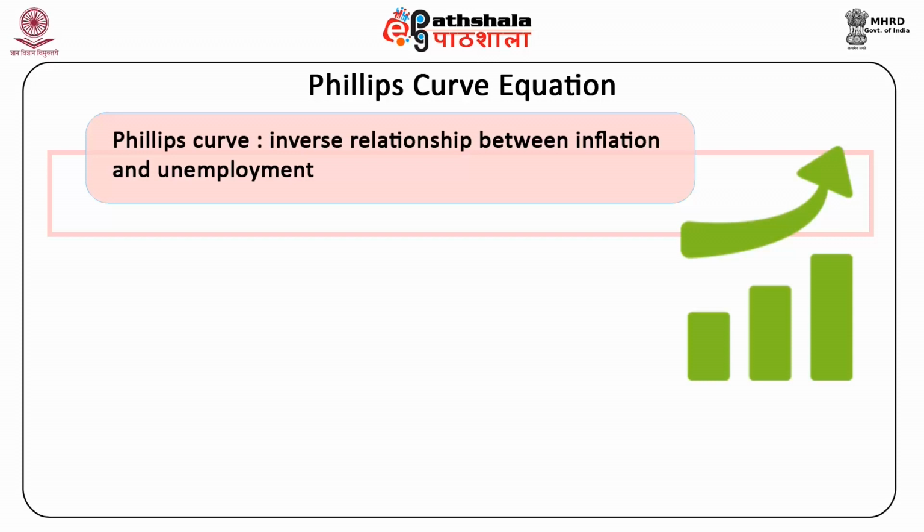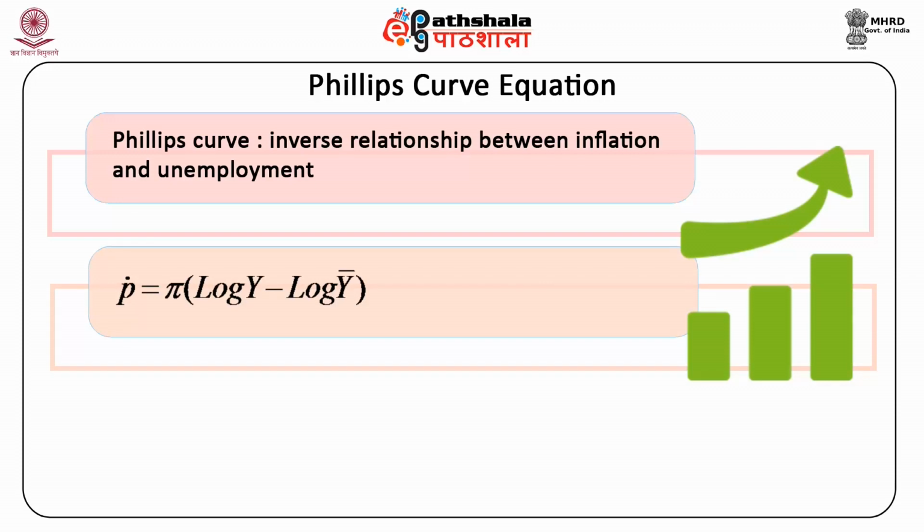Thus, following is the Phillips curve equation in natural log terms: p dot = pi(log Y - log Y bar), where p dot is the percentage change in the price level, Y is the output produced in the economy, Y bar is the full employment level of output or natural output, and pi is an adjustment factor that gives the speed with which prices adjust to the difference in the output level.